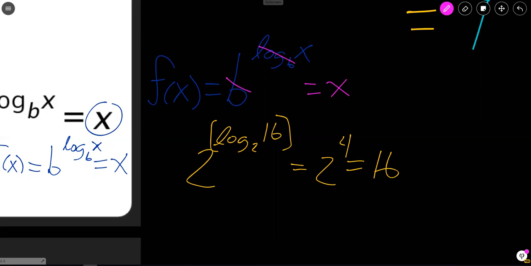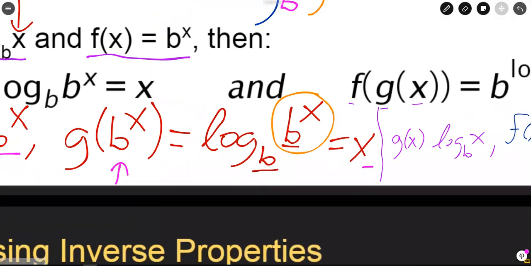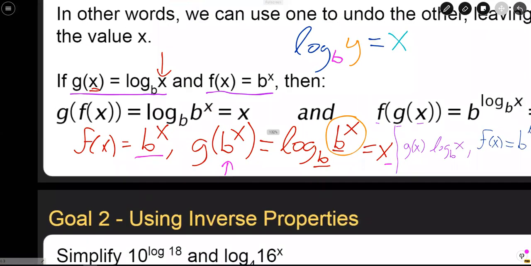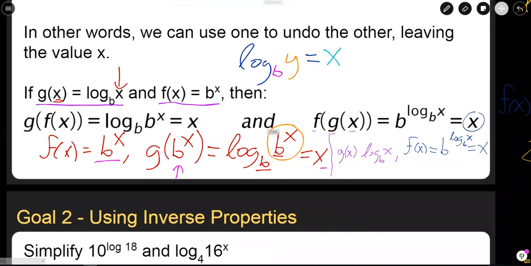So this is a tool that we can use to simplify things if we're trying to solve for an x that's maybe up in the exponent, or solve for an x that's in the logarithm. We can use these inverse functions to clean up stuff and get rid of things in our attempts to solve. But right now, we're just going to get used to using them.